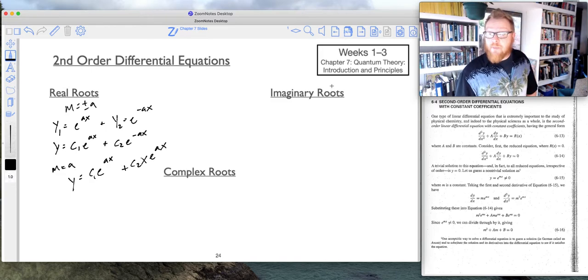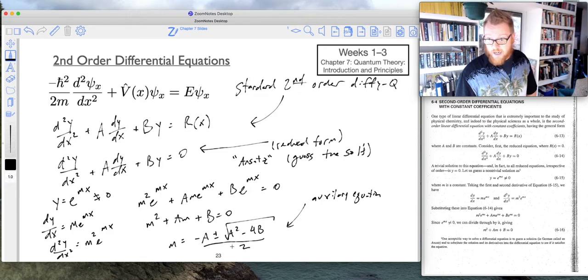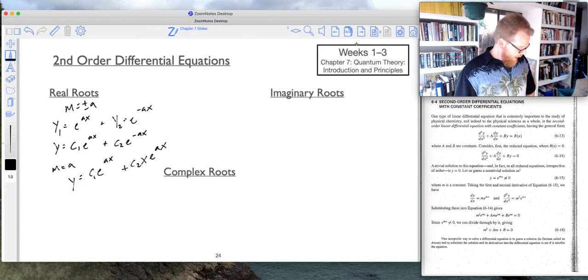What if we have imaginary roots? In other words, if we solve this quadratic equation and we get m equals plus or minus i times b. Then my solution 1 would be e to the ibx.